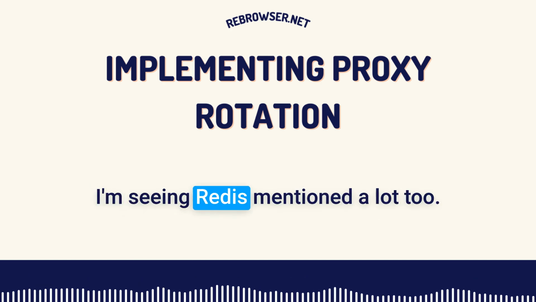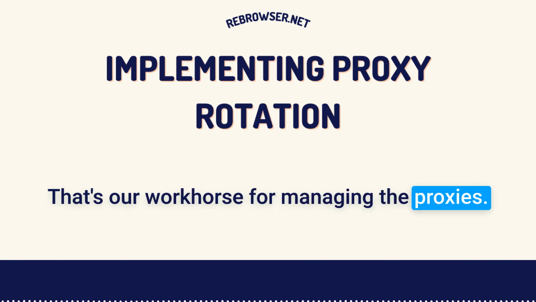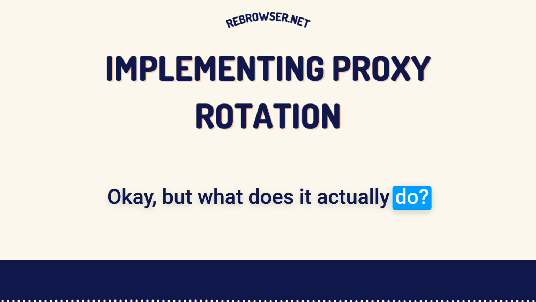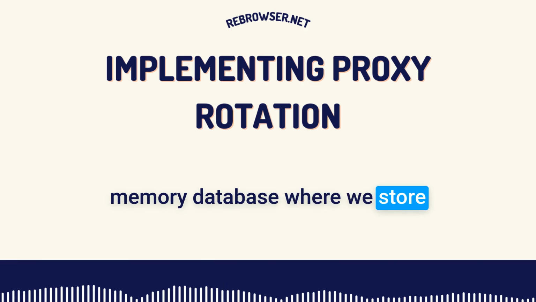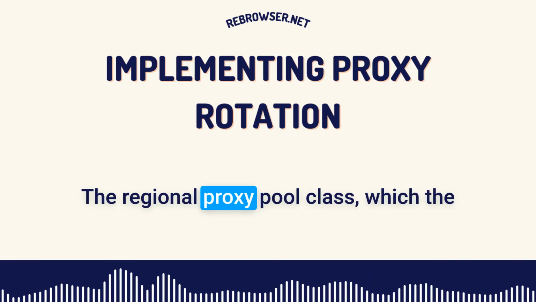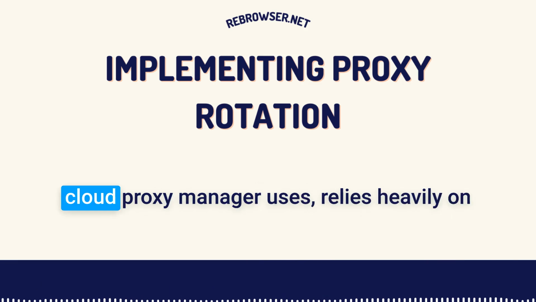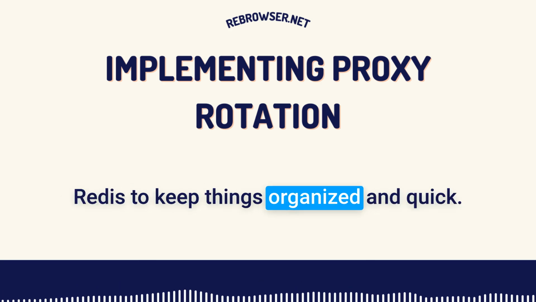Exactly. I'm seeing Redis mentioned a lot too. Redis, that's our workhorse for managing the proxies. Okay, but what does it actually do? Think of Redis as a super fast in-memory database where we store and manage our pool of proxies. The RegionalProxyPool class, which the CloudProxyManager uses, relies heavily on Redis to keep things organized and quick.